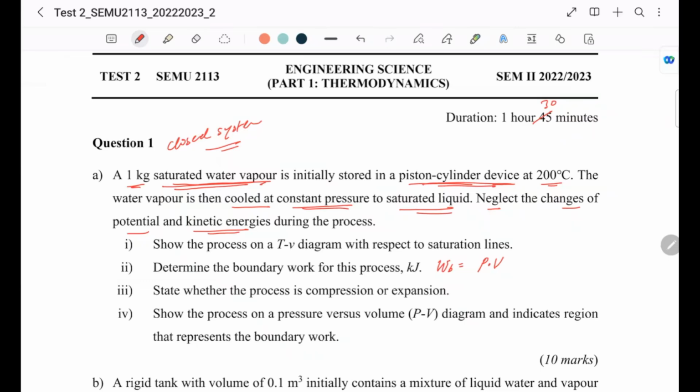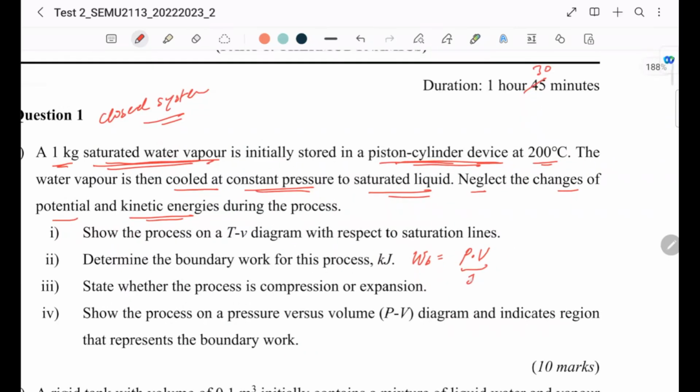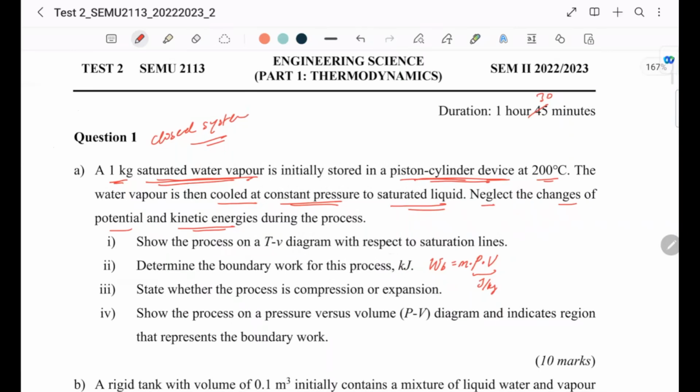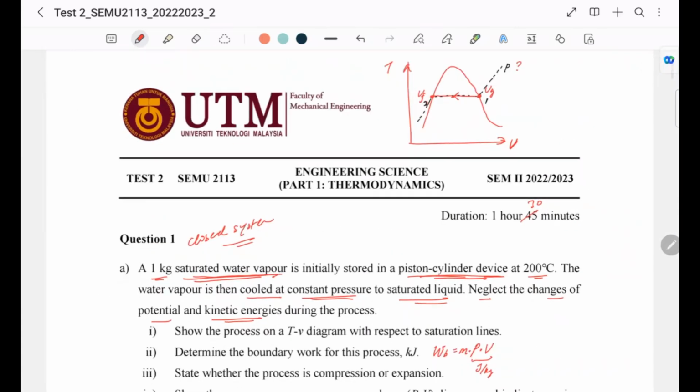But this only gives us joule per kg, so therefore we have to multiply with the mass as well. Pressure is constant, which means we need to find out how much this pressure is. We know the temperature, which is 200 degrees Celsius, so we can refer to the saturated table. We should be able to find out this pressure.